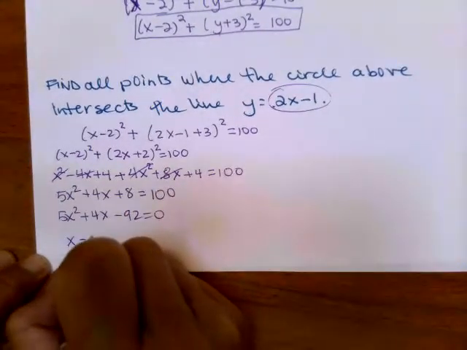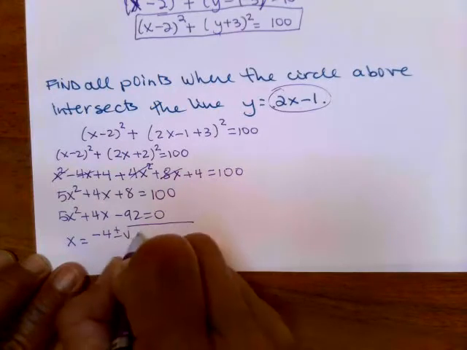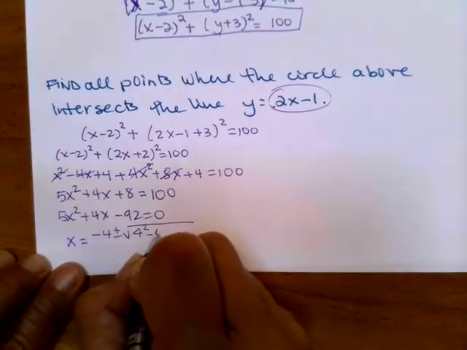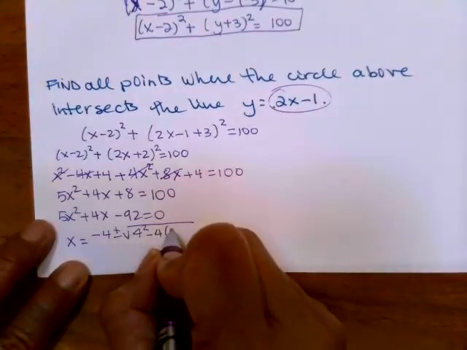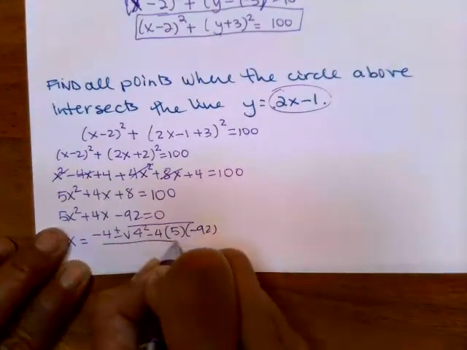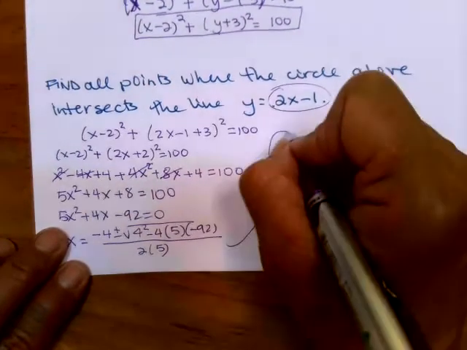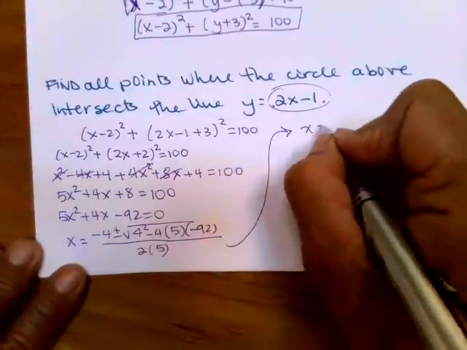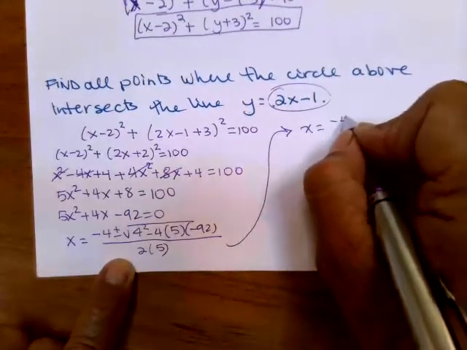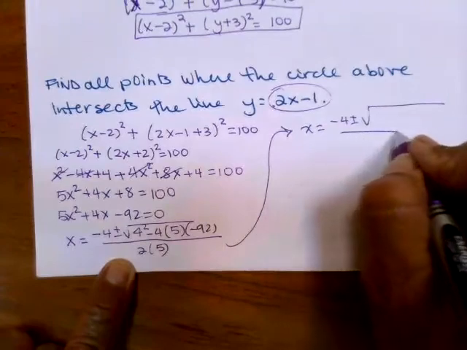So x equals negative 4 plus or minus the square root of 4² − 4 times 5 times negative 92, all over 2 times 5. So x equals negative 4 plus or minus the square root, all over 10.